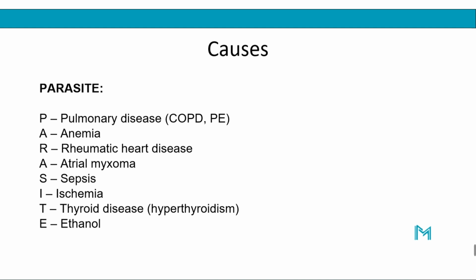P, pulmonary disease like COPD and pulmonary embolism; anemia; rheumatic heart disease; atrial myxoma; sepsis; ischemia, so ischemic heart disease; thyroid disease, so hyperthyroidism; and E, ethanol, so alcohol consumption. People who go out on the weekend and binge drink end up with atrial fibrillation. There are numerous other causes, but with this mnemonic, you are able to remember some of the common ones.